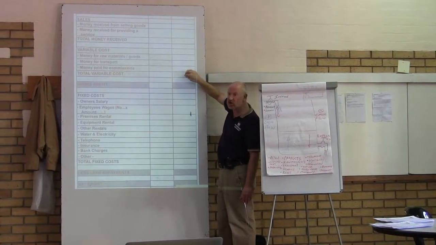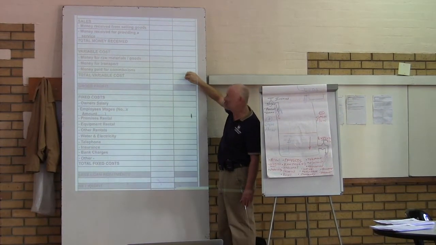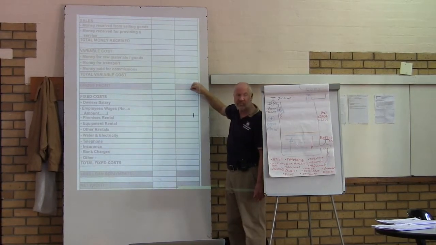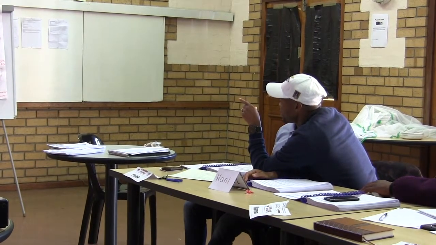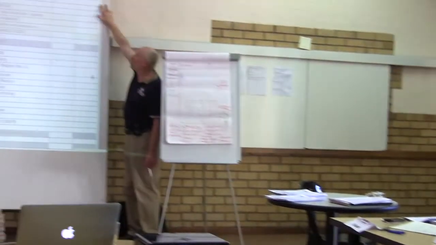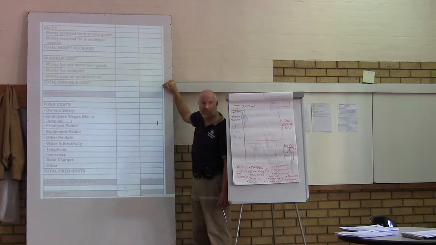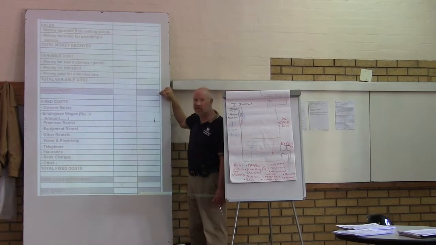And so you don't minus anything from it, you only minus it when you get to your gross profit. So after that variable cost, what are you going to do on the gross profit? You're going to take your total sales minus your total variable cost, which comes to your gross profit.